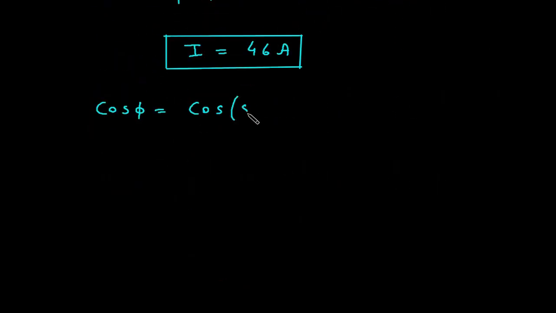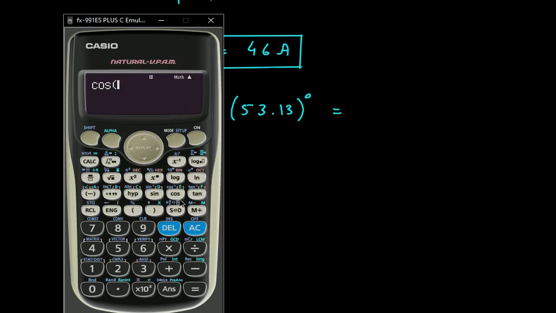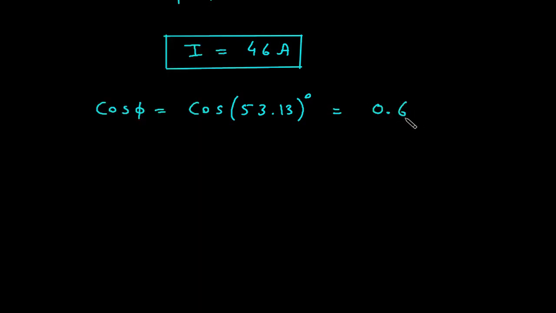So this will be cos 53.13 degree. So cos of 53.13 degree is 0.6. Therefore, cos phi is equal to 0.6 and power factor has no unit.